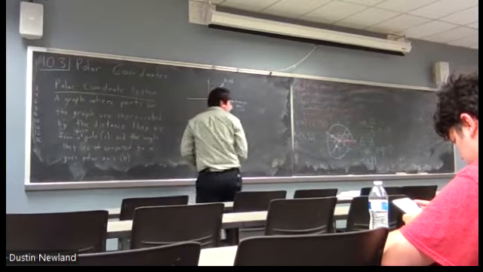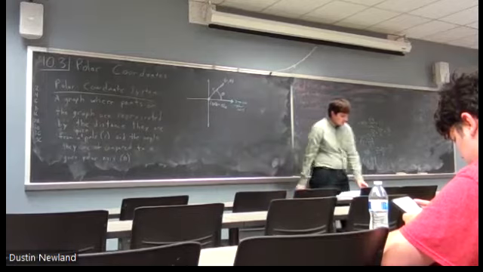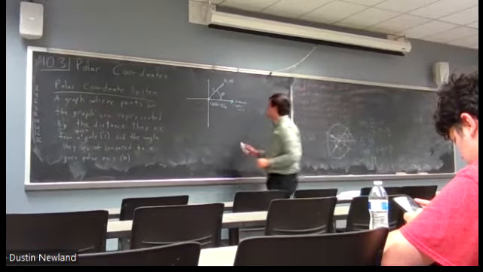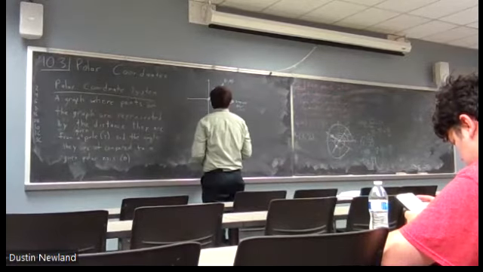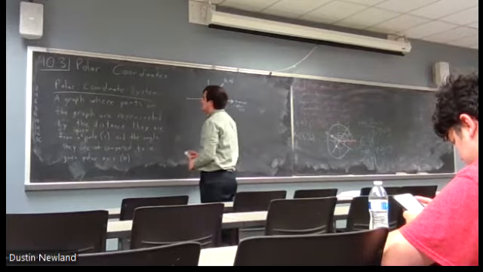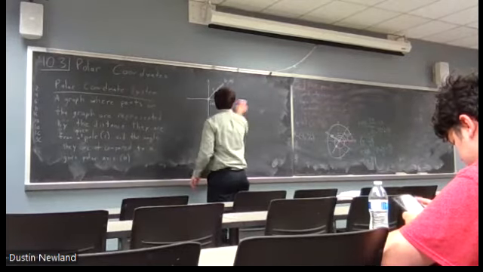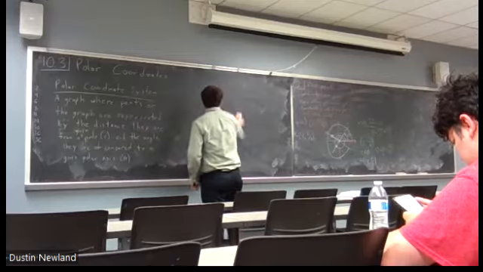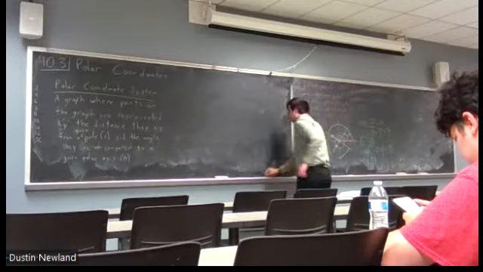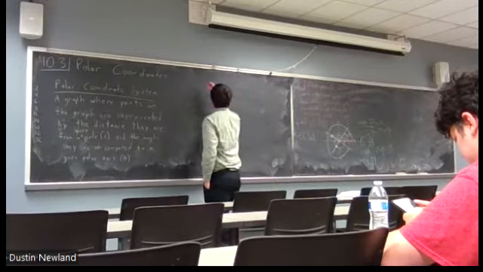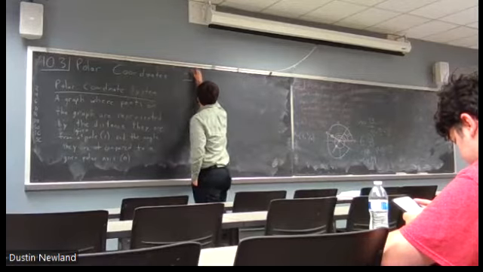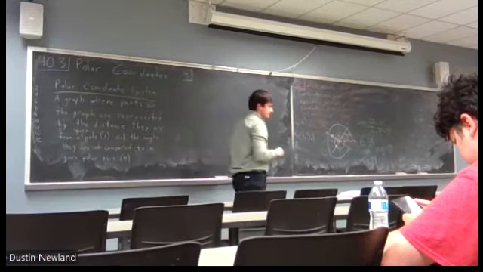Let's go ahead and move on to the next section, which is going to be, let's see, I'll leave my definition. So this is going to be number 4, number 1.